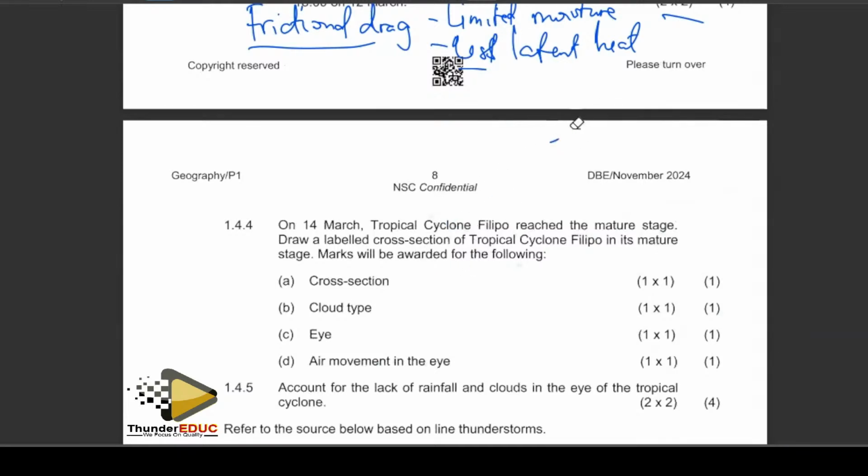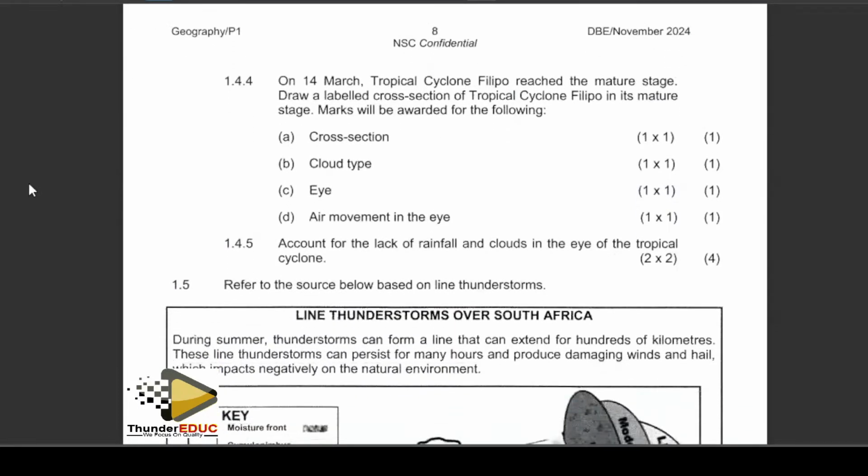When the air is descending, there is no condensation taking place, which means there will be no clouds and no rainfall forming in the midst of the system. There is descending air. That is the first reason. The air is sinking in the eye of the system, like what I indicated. Air sinks or descends.